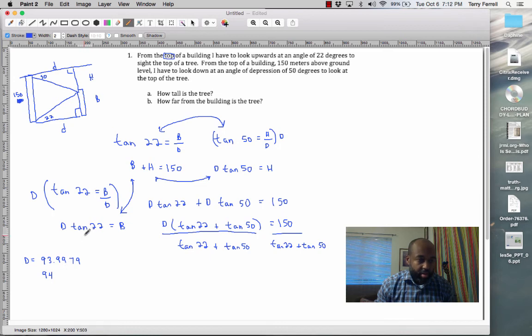So now all I have to do is plug this into either expression to find the other one. So if I plug in D here into this expression, it's going to be 94 times tangent of 22 equals B. If I plug this D into this expression, I have 94 times tangent of 50 equals H. And I have everything I need, but really, let me see if I do.